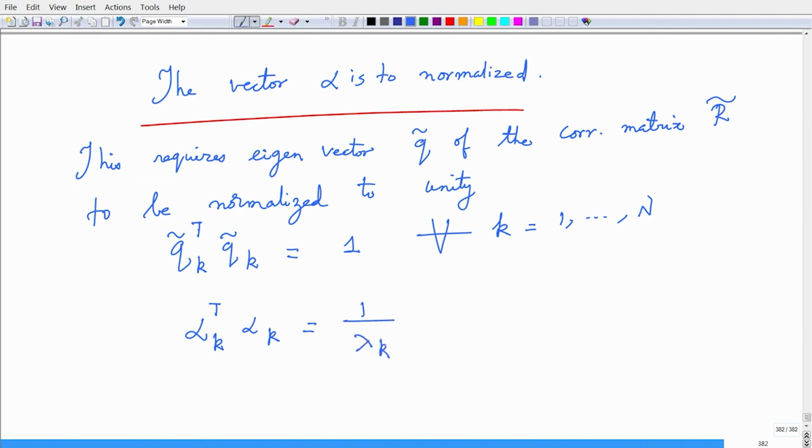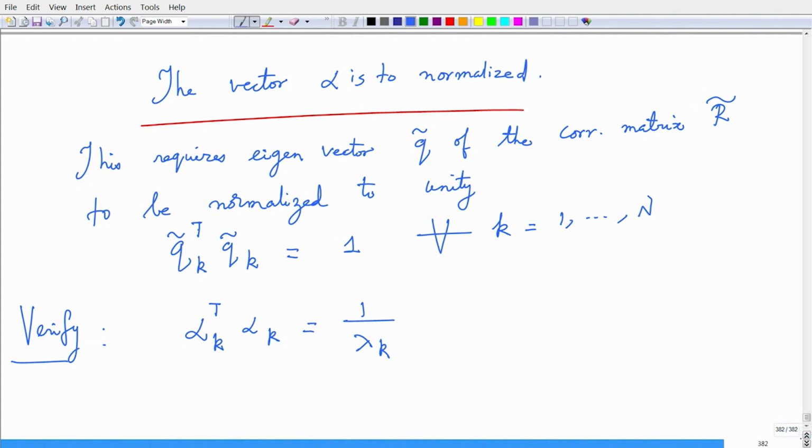I would leave this as an exercise, and this verification you can do from the normality condition that you want to bring in for this vector q tilde k. So, this sort of completes the details that we require for the kernel PCA algorithm.